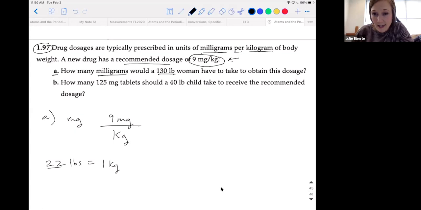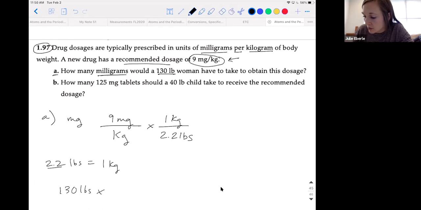You could plug this in as a conversion factor, okay, like this, and say for every 1 kg, it's going to be 2.2 pounds. Or if you didn't do it that way, some of you may have said, well, I'm going to take 130 pounds, and I'm just going to go ahead and cancel pounds and convert that to 1 kg, and that's fine, okay?